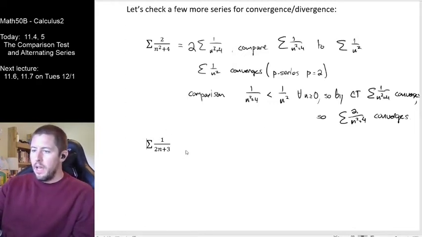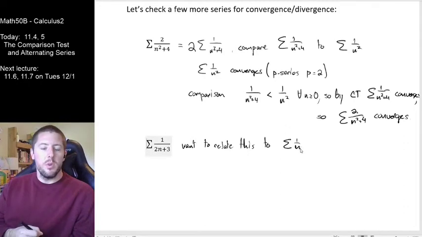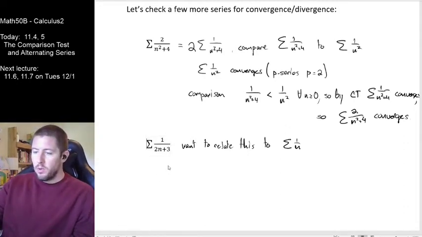What do we see? By the way, the other thing I want to say here is I want to relate this to this guy. So I want to algebraically make it look as much like that as possible. I could factor out a 1/2 from the bottom.